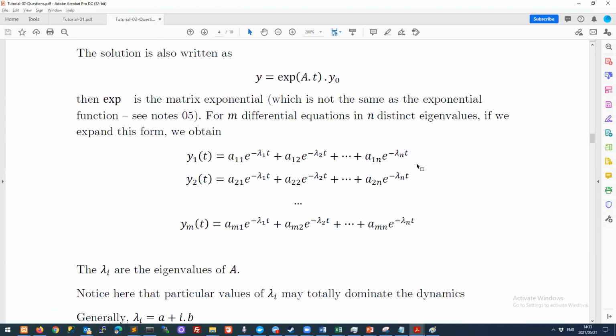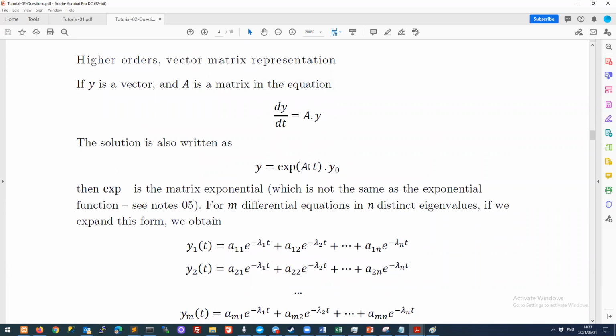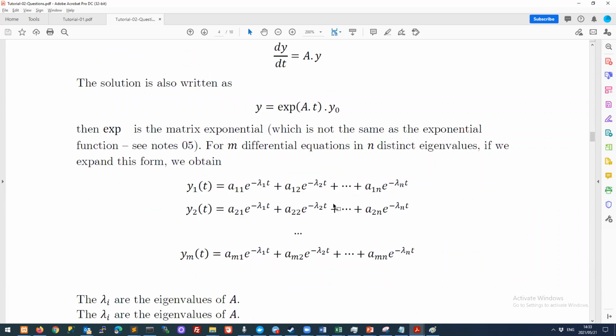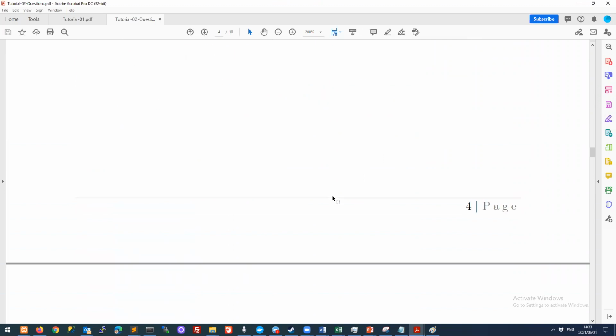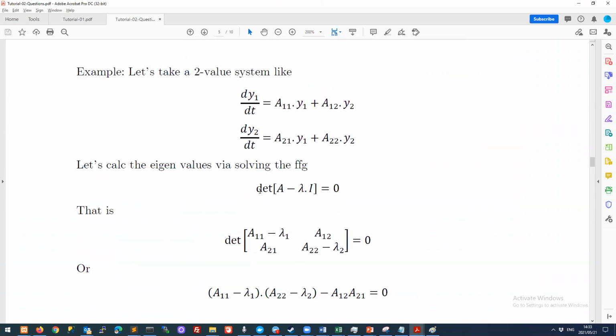Okay, so now we get to why sometimes the constant in your equation can turn out to be imaginary. To obtain these eigenvalues, you use this approach.